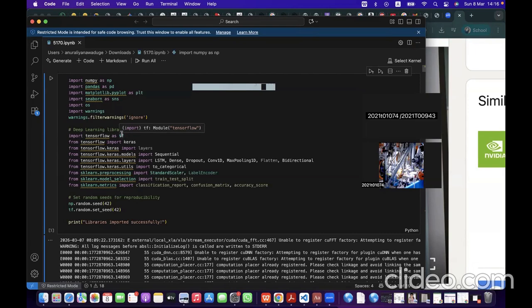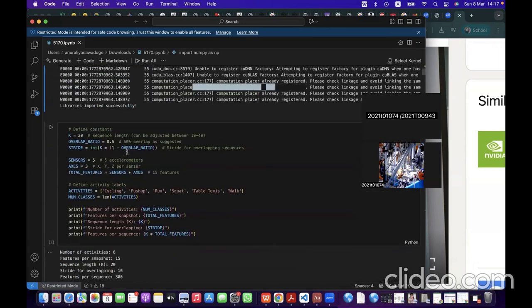The model has 3 CNN layers with 64, 128 and 128 filters, followed by an LSTM layer with 64 units. This architecture is very similar to models used for EEG signal classification in brain-computer interfaces.